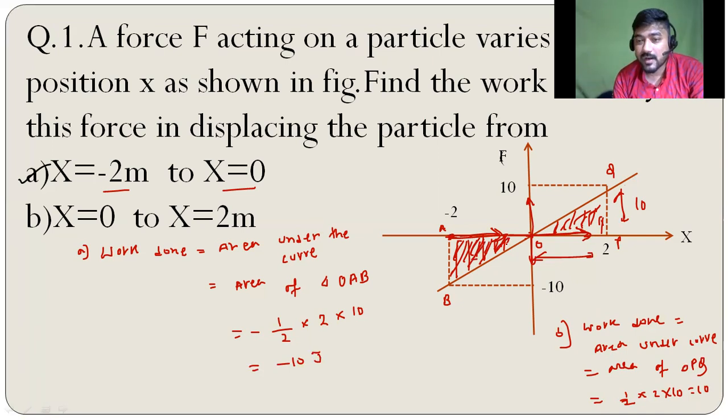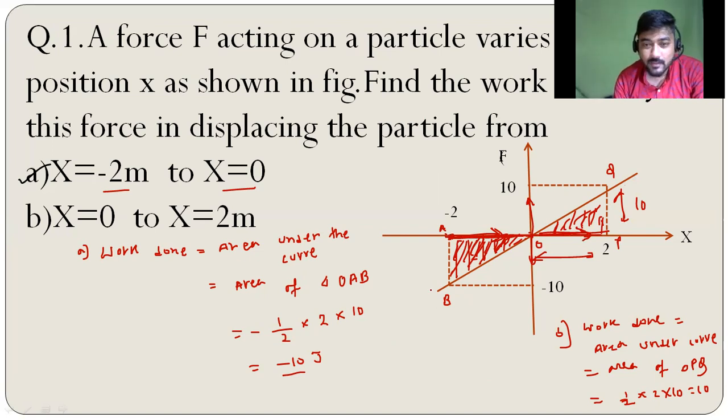So work done for the journey of the particle from the point A to O is negative, but from the point O to P is positive. Okay, and this positive and negative sign is due to the force and displacement being in opposite direction for this part, and for this part force and displacement are in same direction.